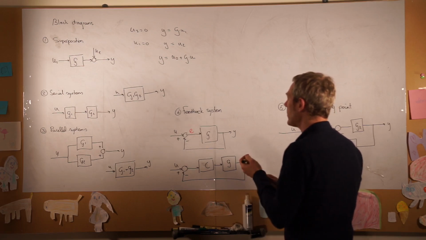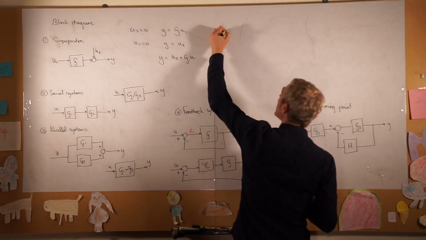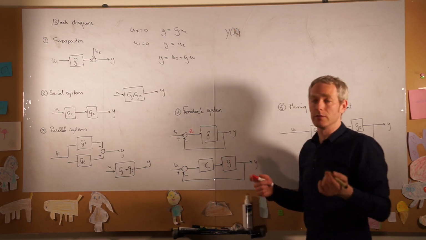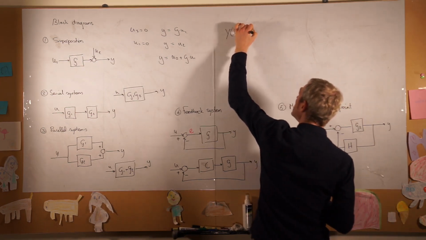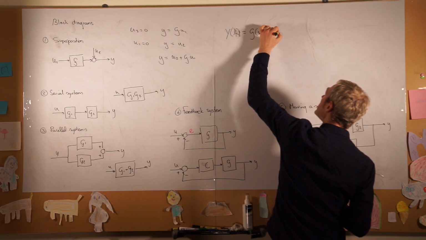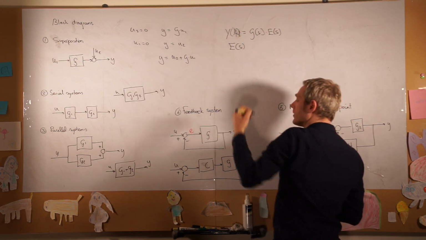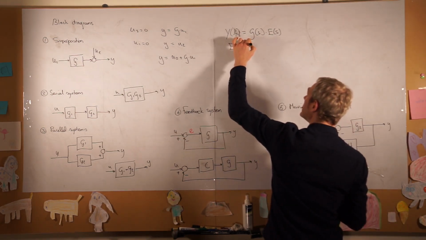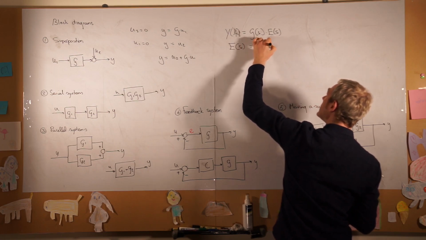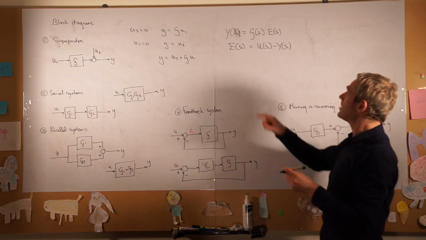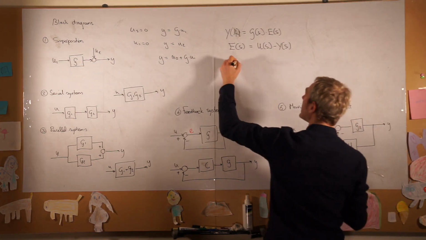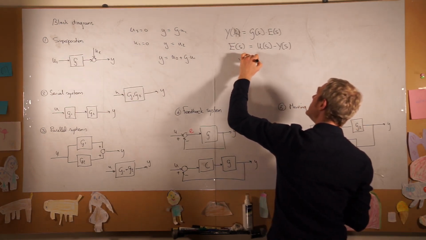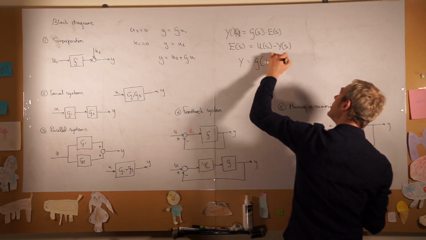What we get then is that Y of S, as we are dealing with the Laplace domain, is G of S times E of S, and E of S, our error term, is simply the difference between our input and our output. So this is U of S minus Y of S, and we plug this error in there. I'll drop the parentheses S: Y is G times (U minus Y).